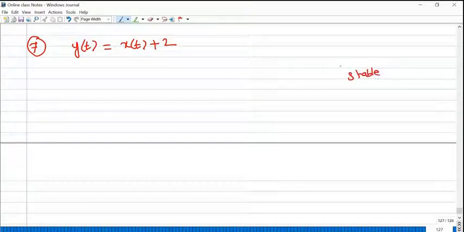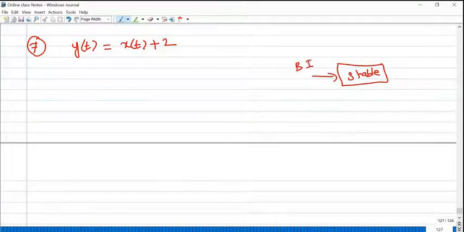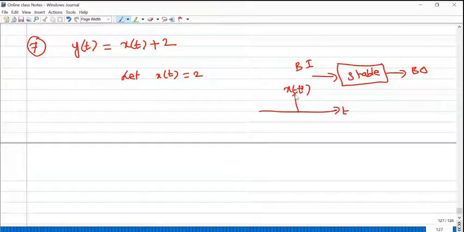Stable. Yeah, stable system. Because for any bounded input signal, the system should give bounded output signal. So in this example, I am assuming my x of t is some constant, or x of t equal to 2 or something like that. A constant I am assuming, t versus x of t. I can keep from minus infinite to infinite. My amplitude of the signal is finite.